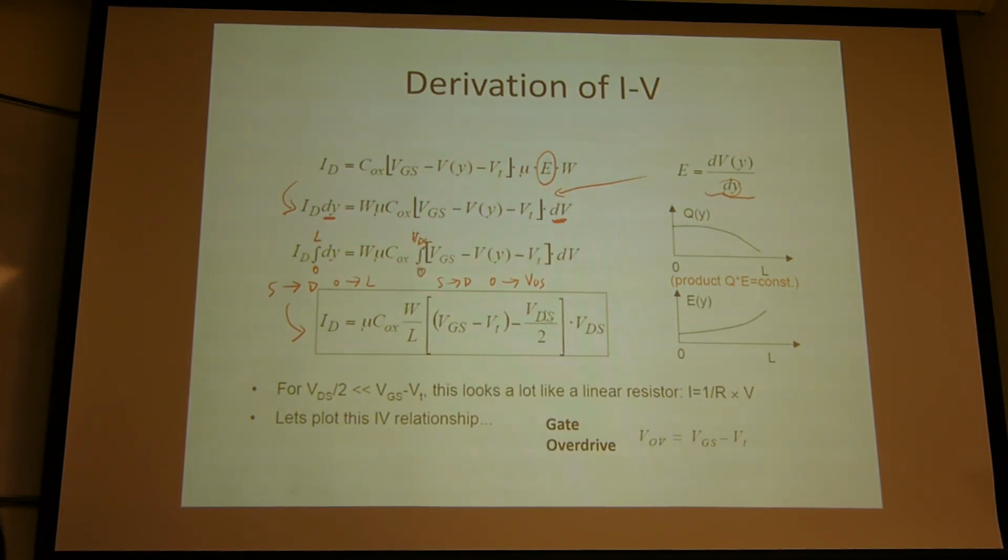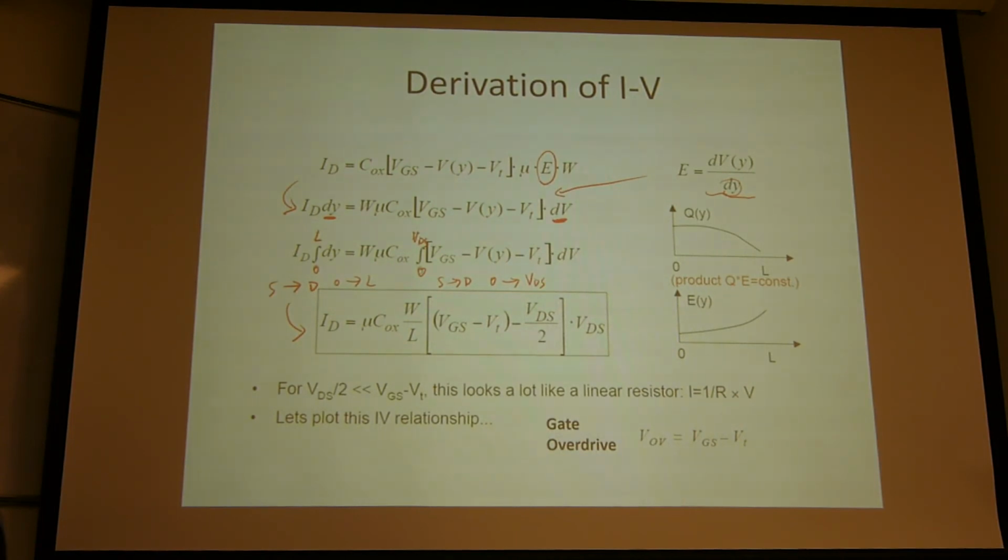So if you look at the electron density over the channel from the source to the drain, the electron density will reduce as we approach the drain side. But the current is continuous, right? So no matter where you measure it, towards the source side or towards the drain side, the current is continuous.